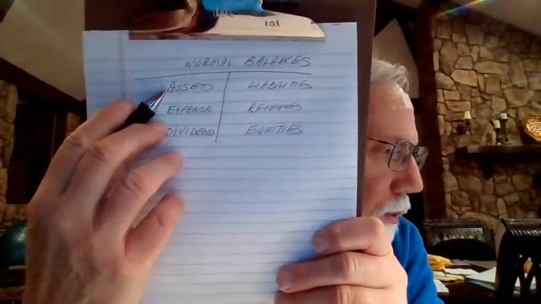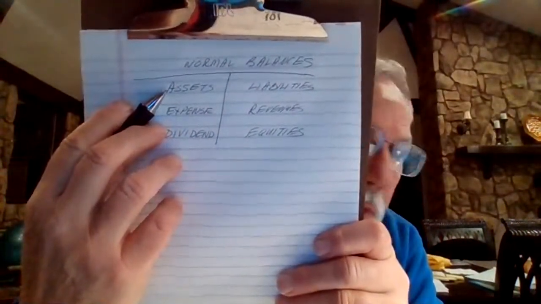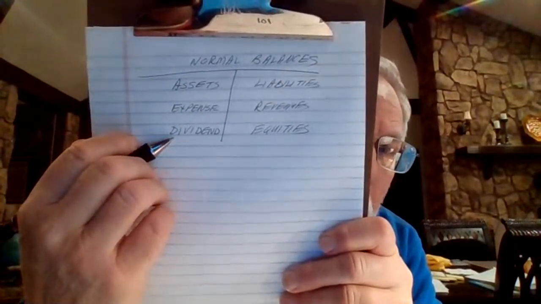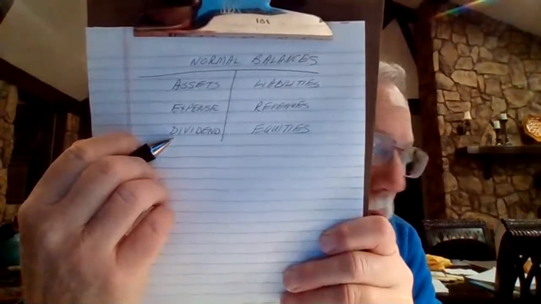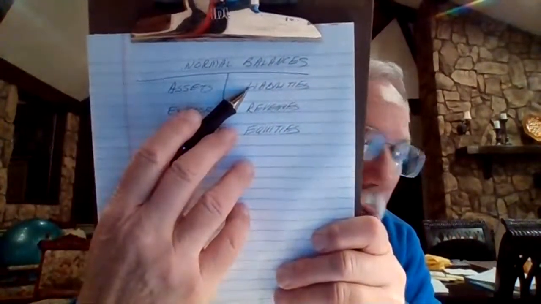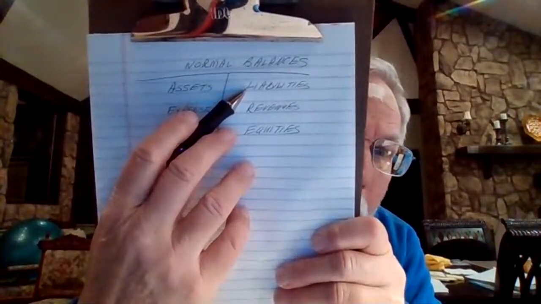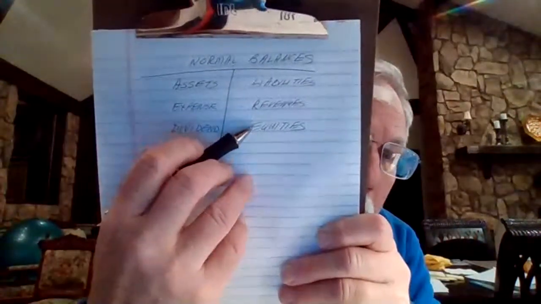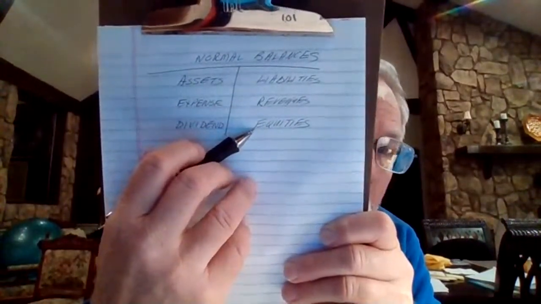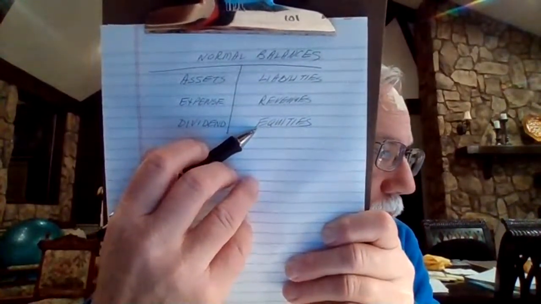So debits would be increases when you're dealing with an asset, expense, or dividend account. When are debits decreases? When you're dealing with a liability, revenue, or equity account.